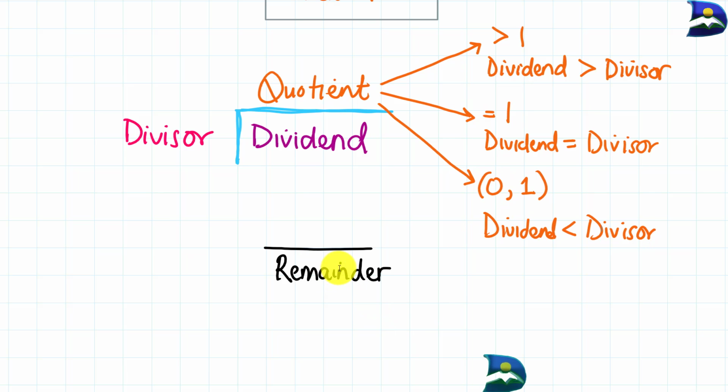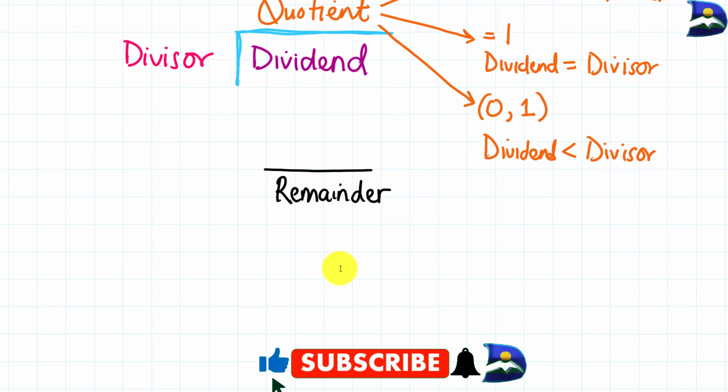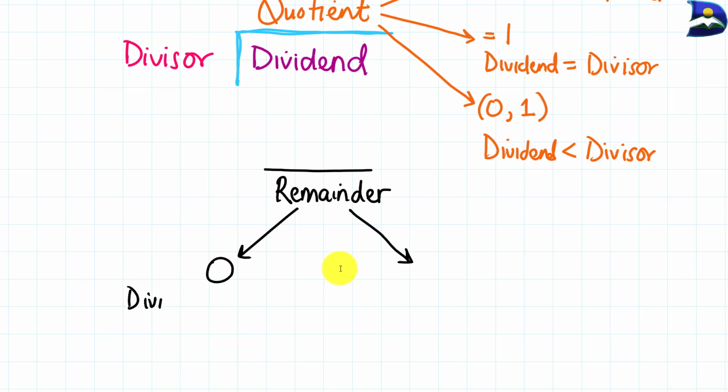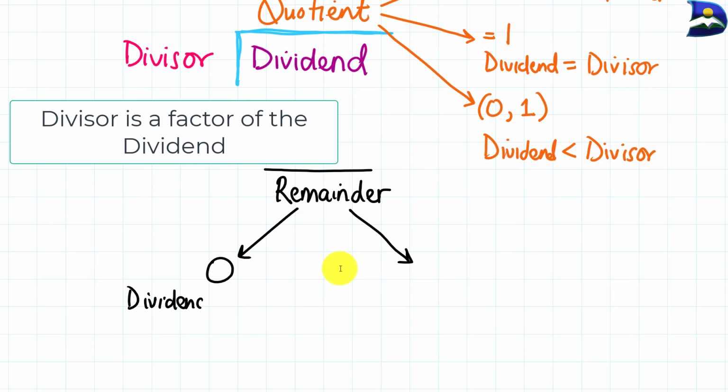Now for our remainder, we have the other case scenario, which implies two things that are going to be noticed. Either you have a 0 remainder, which means that our dividend is a multiple of what? Of our divisor.